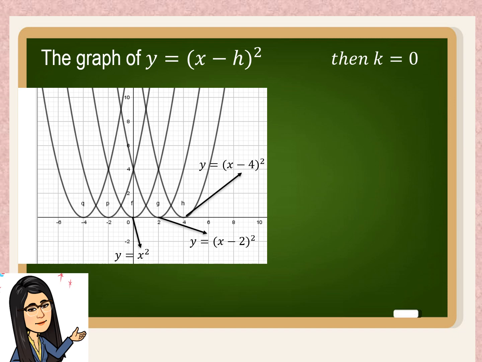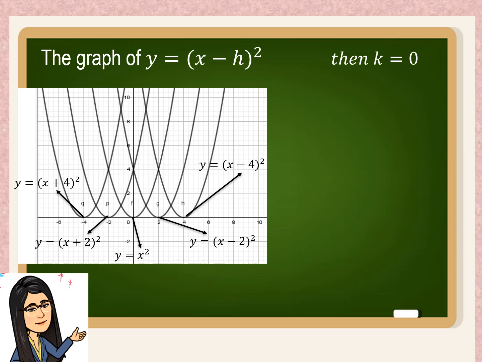On the other side of the origin, the graph moves 2 units to the left, so the function is y is equal to the square of the quantity x plus 2. And when the graph moves 4 units to the left, the function is y is equal to the square of the quantity x plus 4.